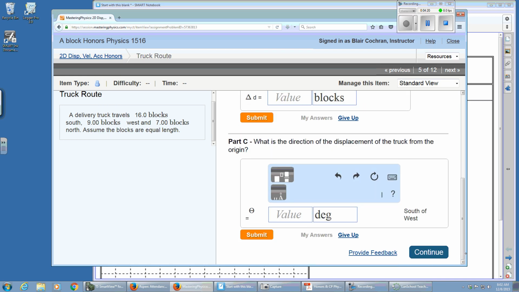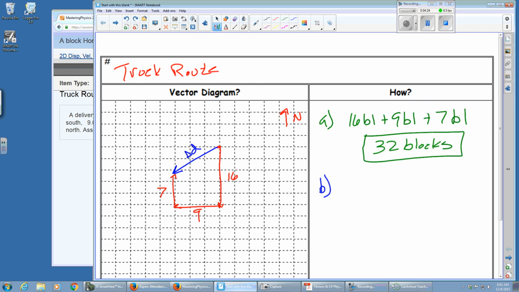Is it south of west? So I'm going to redraw that vector just to make it easier for me to see.